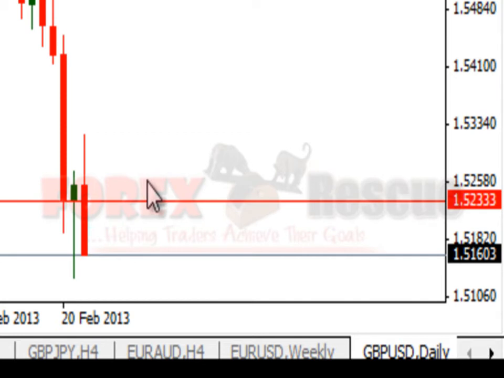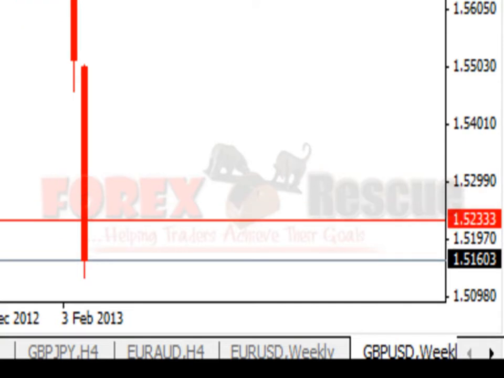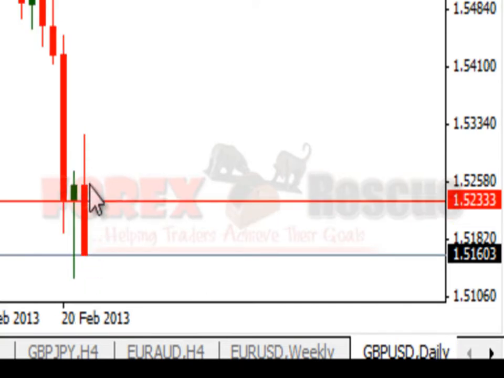The reason why I'll be taking a lot of caution on this trade is because, one, on the weekly time frame, that area has been compromised. And on the daily time frame, you can see that this bullish pin bar is being accompanied with a long bearish candle. So there is a lot of bearish momentum on the pound USD market.